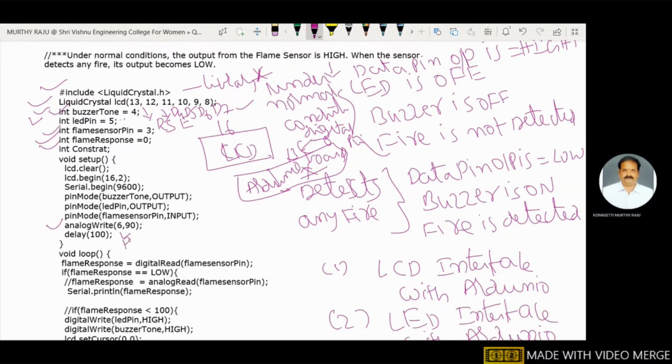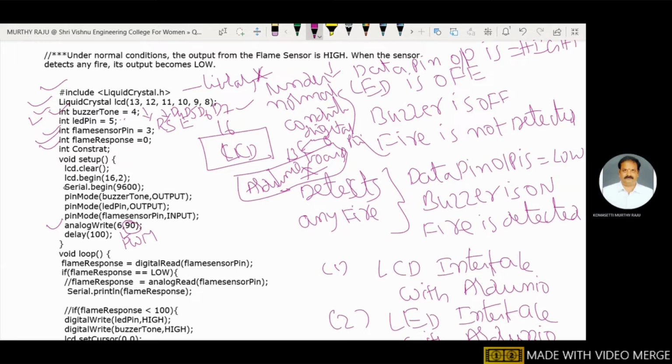This is a pulse width modulated pin, connected to the contrast pin of the LCD. Generally, the 3rd pin is the contrast pin of the LCD, and it is connected to the 6th digital pin of the Arduino board. 90 is the contrast value. By using this simple statement, we avoid the use of a potentiometer in this project.